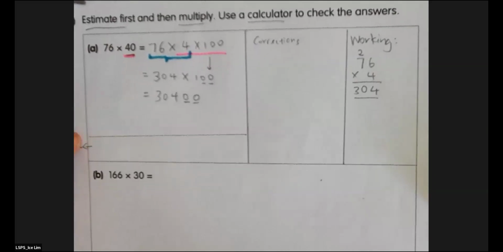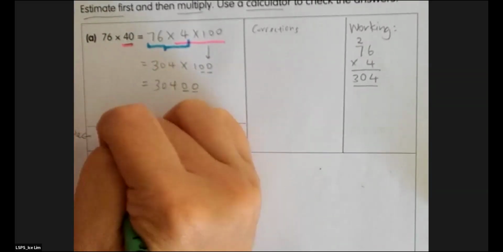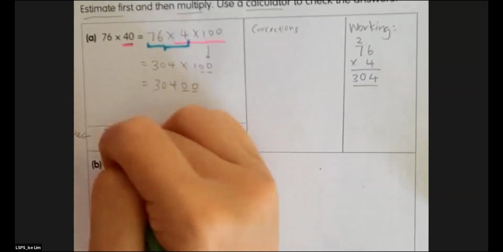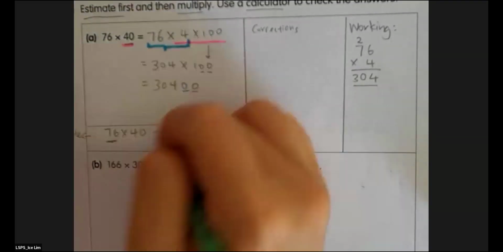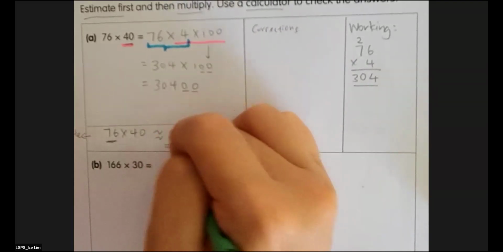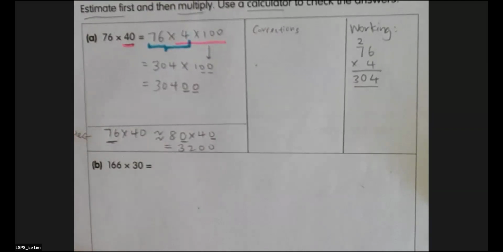What does estimation look like? Estimation looks like this: I have 76 times 40. I'm going to estimate 76 to maybe about 80. I round it up, times 40. That makes it 8 times 4 is 32.